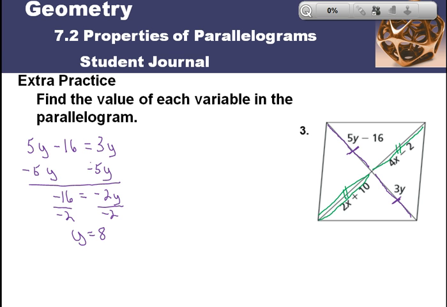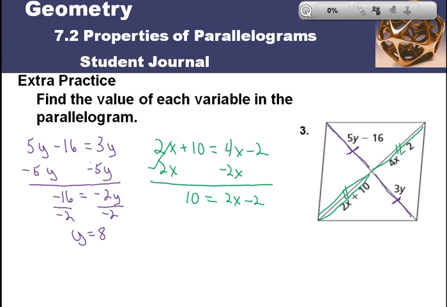equal to each other. So to solve that, I'm going to say 2x plus 10 is equal to 4x minus 2. And then I would subtract 2x from both sides. And I get 10 is equal to 2x minus 2, because 4x minus 2x is 2x.